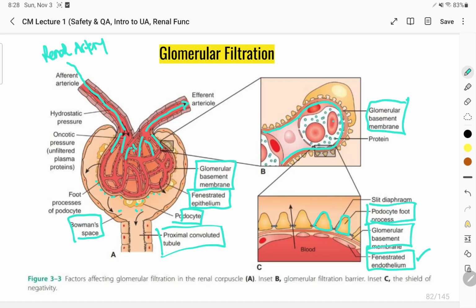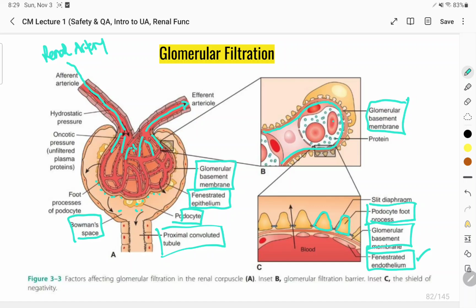And also, aside from that, I would like to emphasize that aside from less than 70,000 daltons in molecular weight, only those substances can pass through. Negatively charged substances are also not permitted to pass through. Okay?